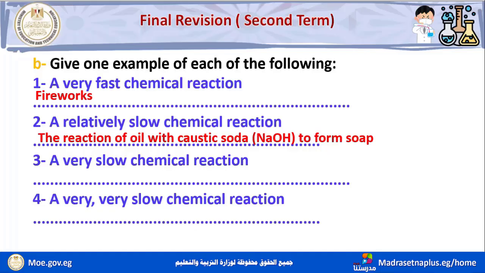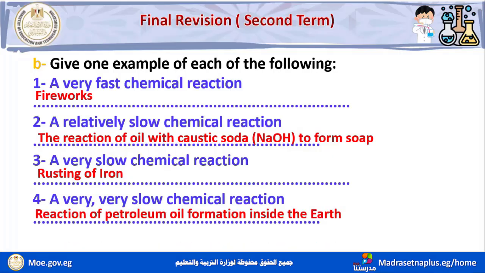Number three, a very slow chemical reaction: rusting of iron. Number four, a very slow chemical reaction: petroleum oil formation inside the earth.